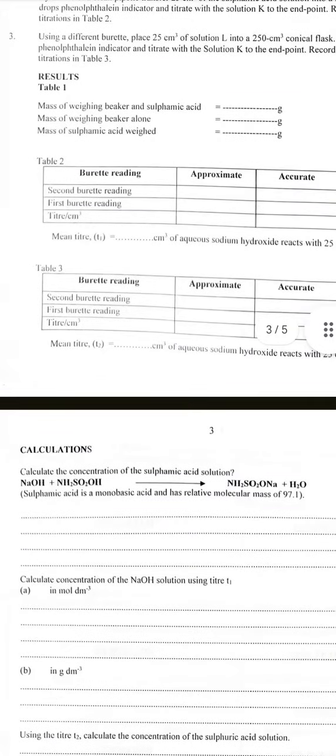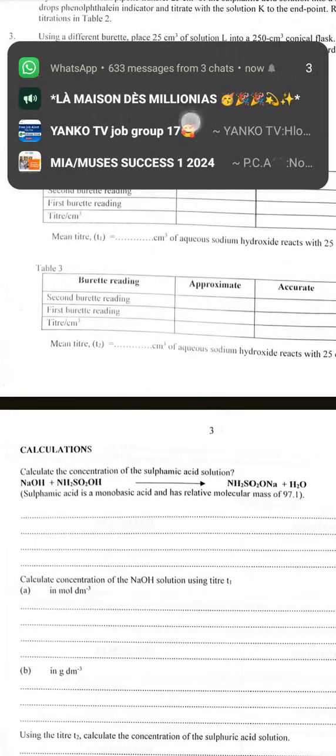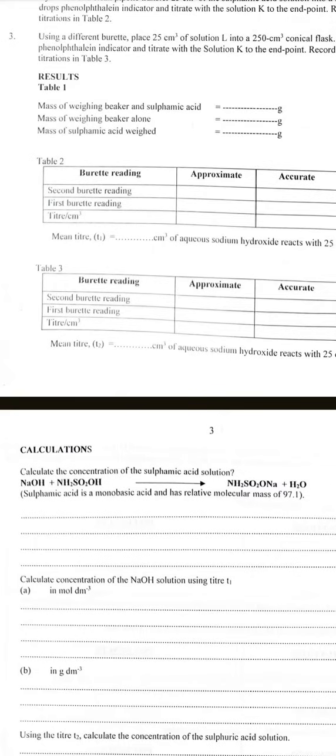Now the mean titer is accurate 1 plus accurate 2 divided by 2, and make sure your answer is to 1 decimal place. For example, if you have 4.5 plus 9, that gives you 13.5. 13.5 divided by 2 will give you 6.75.